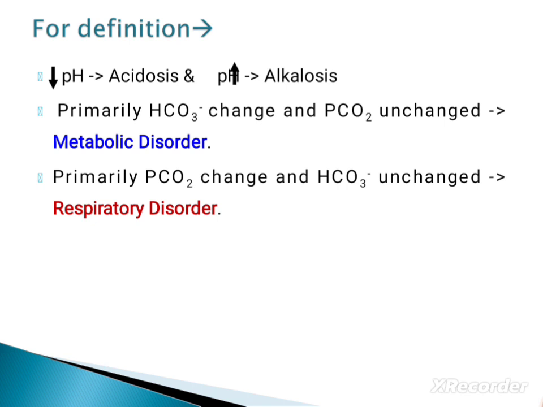It is a clinical condition characterized by decreased blood pH, where partial pressure of carbon dioxide is increased and serum bicarbonate level is unchanged. Respiratory alkalosis, the definition will be: it is a clinical condition characterized by increased blood pH, where partial pressure carbon dioxide is decreased and bicarbonate level is unchanged.